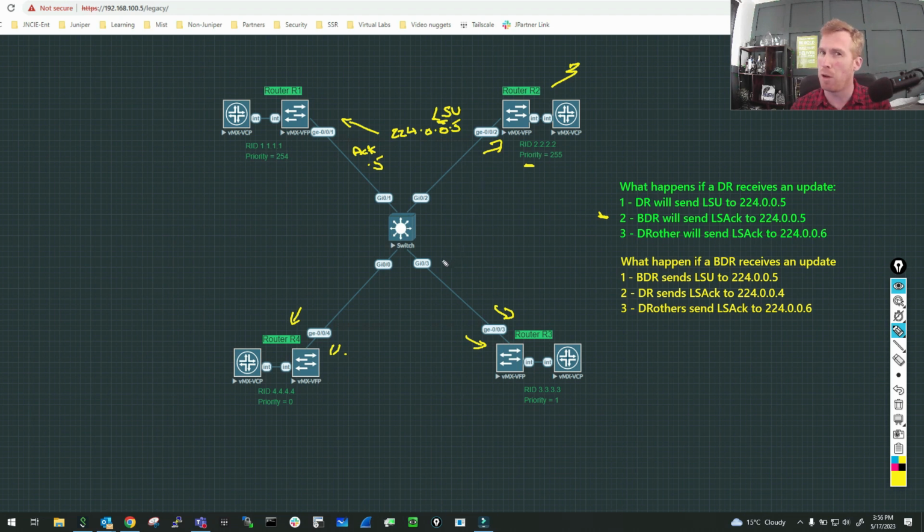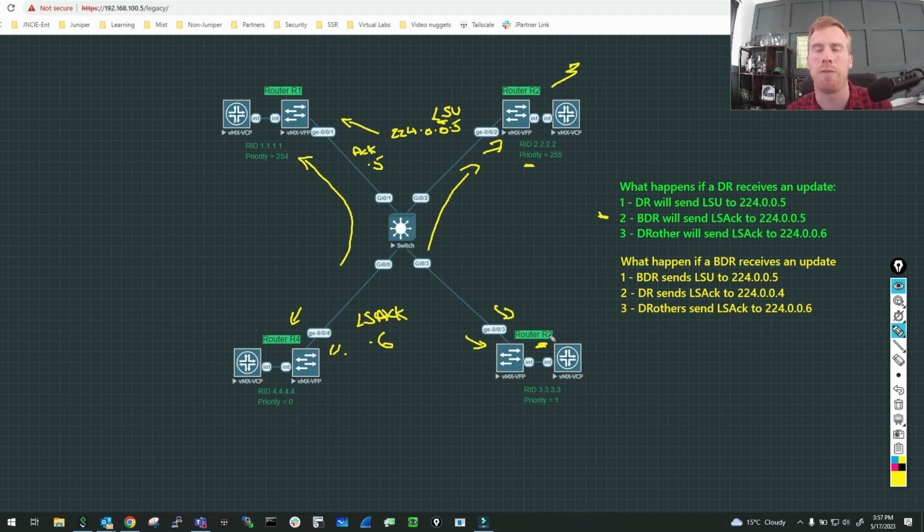But of course now the designated router others, or druthers, however you want to pronounce it, are going to send their link state acknowledgement up to the 224.0.0.6. So this will then be received only at the designated router and at the backup designated router, and this is going to happen for router R3 as well.